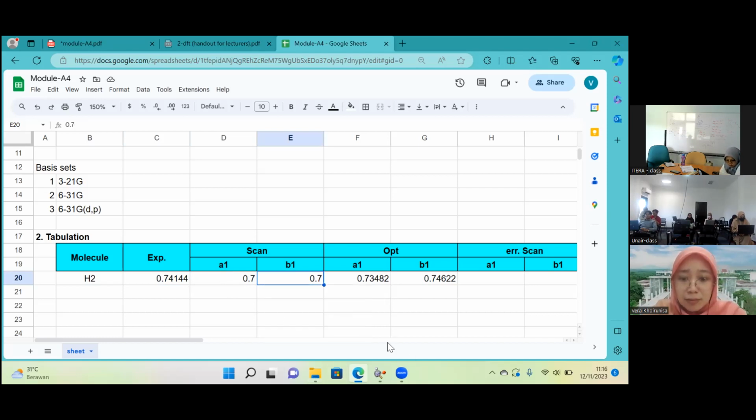And then I tabulate the scan. Okay, I will demonstrate to you how to tabulate.